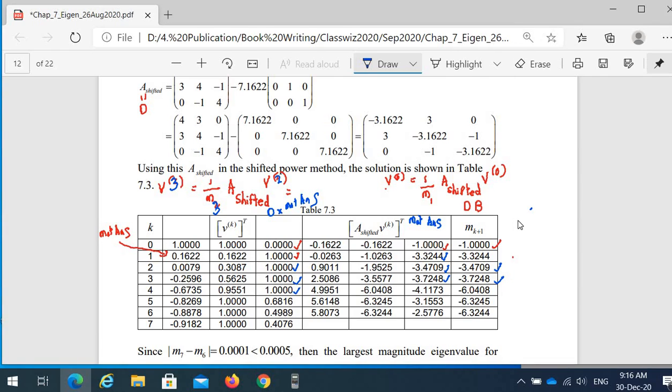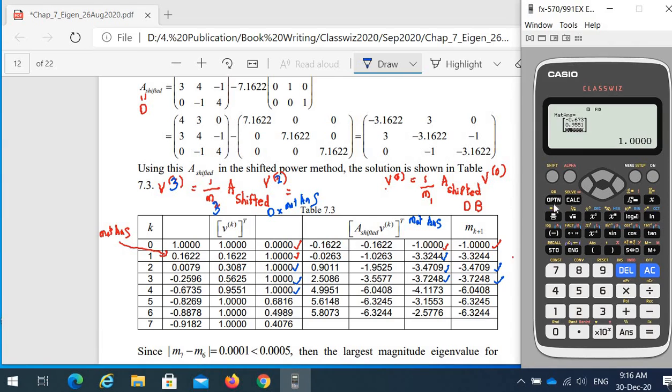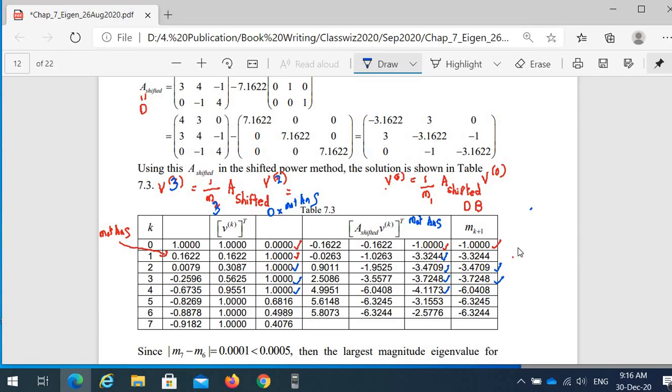So you take D times max answer. So 4.9951, negative 6.0408, negative 4.1173. Okay, take the largest magnitude, which is negative 6.0408.